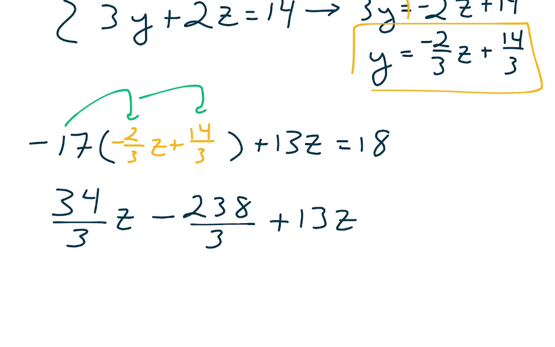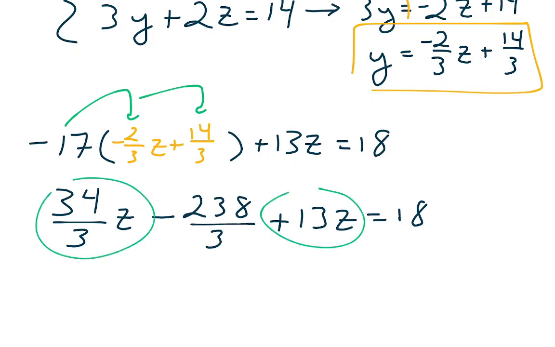Fun times. Eventually, you're going to want to combine your 34 thirds z with your 13 z's. Now, how do you combine those together? You can make a common denominator. That common denominator would be 3, but that means you have to multiply the top by 3.